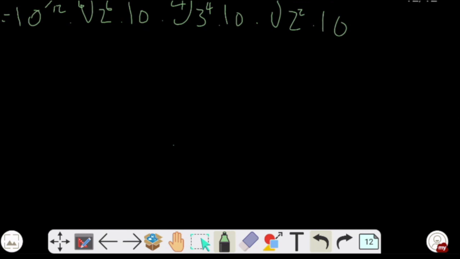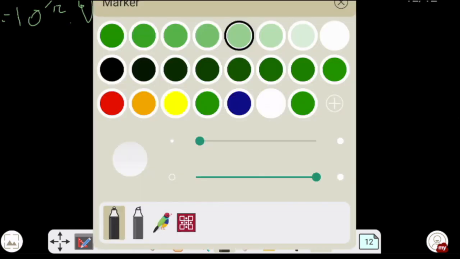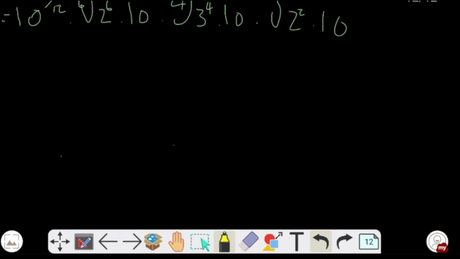Now let's focus on this part only, on the part of this root here, and try to write it in a simpler form.